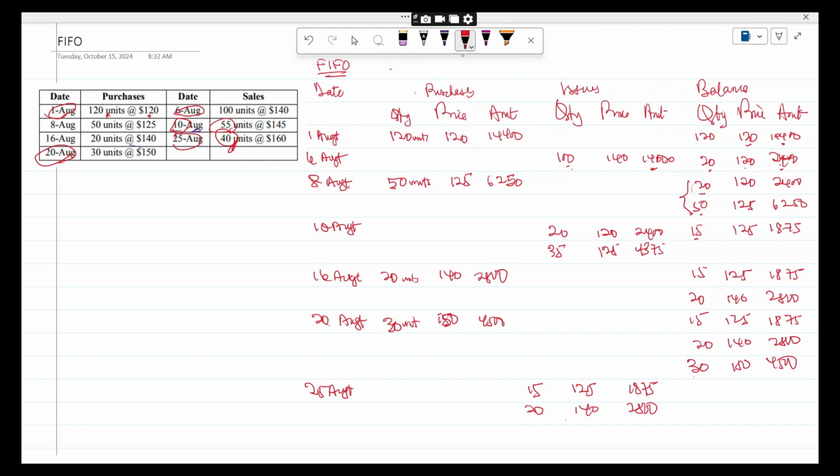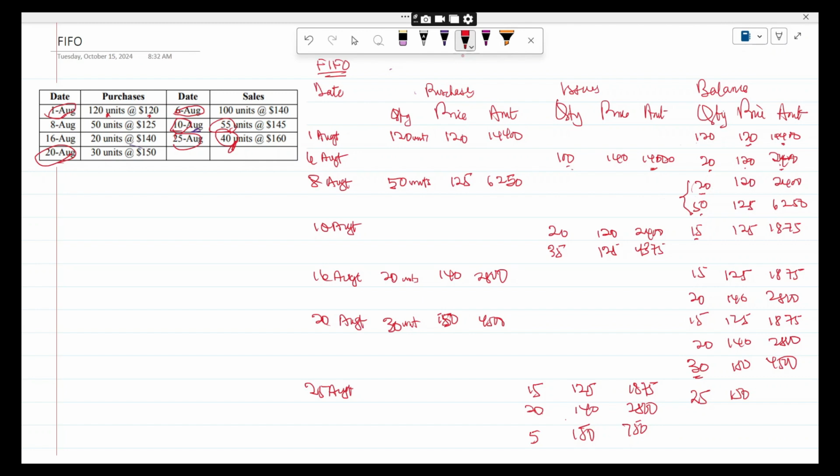So we take that out of the 30. So we have 5 at 150, 5 times 150, giving us 750. So we are left with 25 at 150.